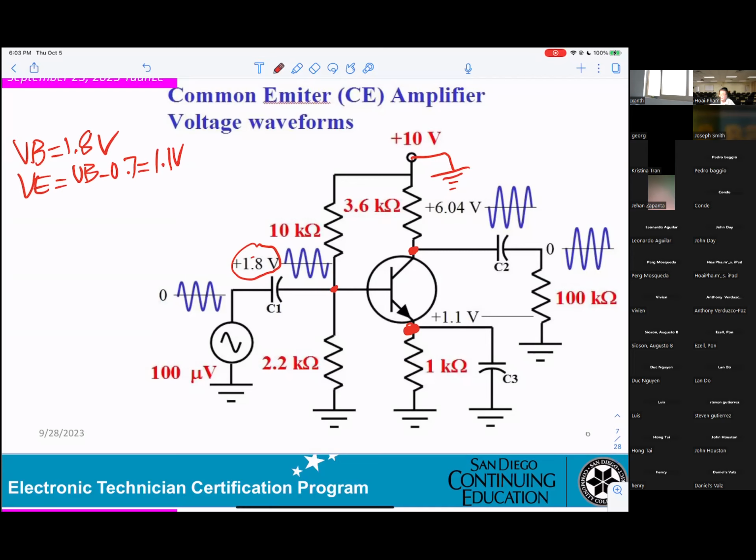This is what they already calculated for you. They put it in here. They're just telling you that is the DC voltage of the circuitry. And what happened to 6.04? That's what voltage. If you do the calculation like I just told you, you can get that answer.